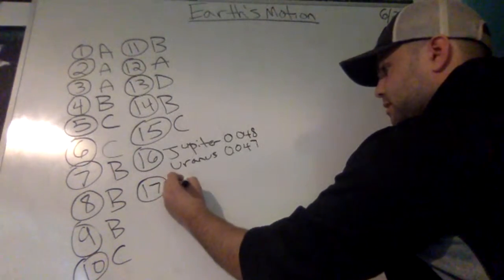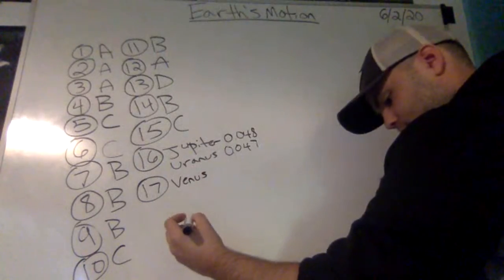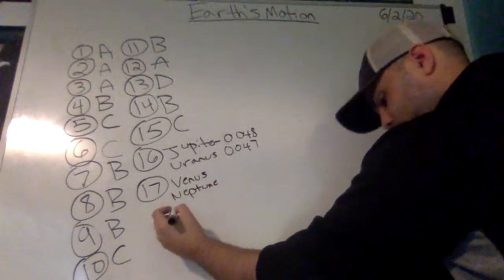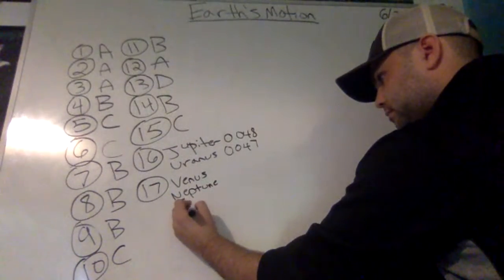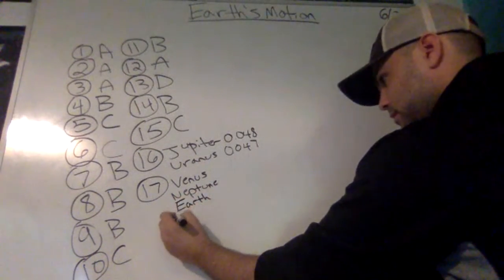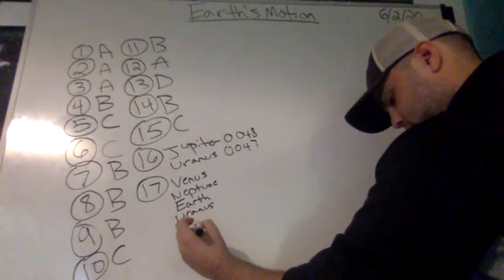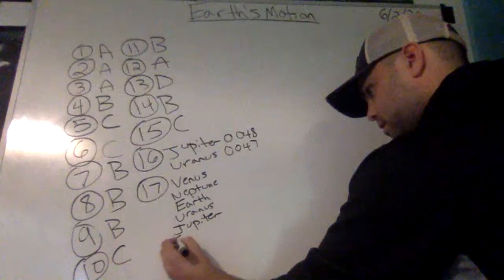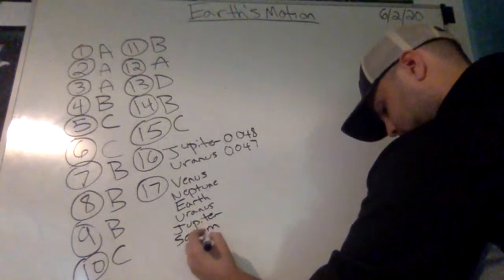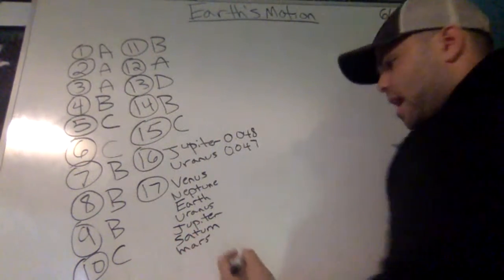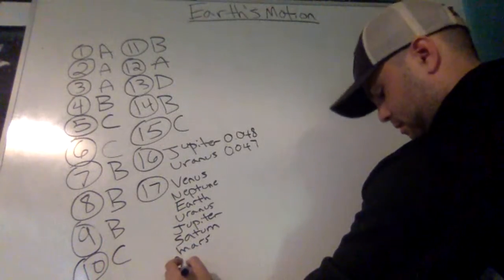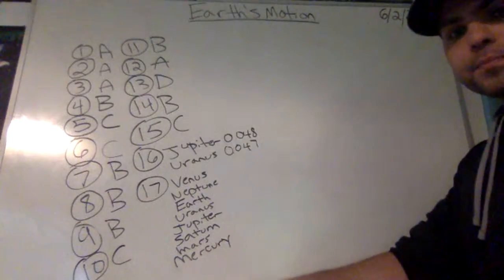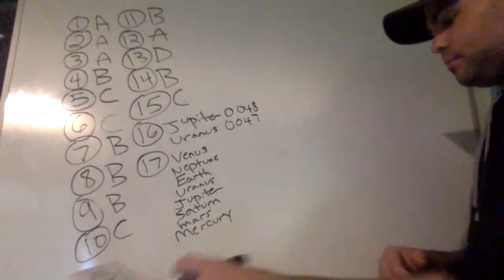It's going to be Venus, then Neptune, then Earth, then Uranus, then Jupiter, then Saturn, then Mars, and then Mercury actually has the highest eccentricity of our planets. Okay? Bring it down a little bit.